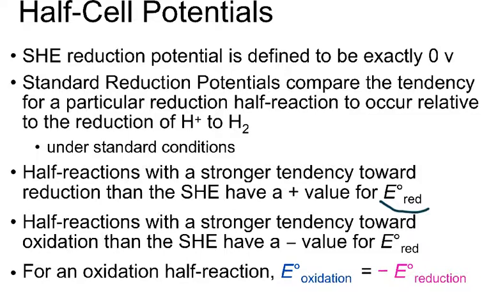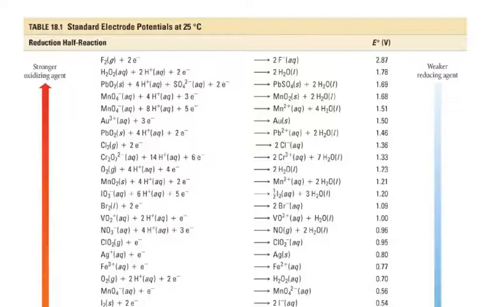Half reactions with a stronger tendency towards oxidation will have a negative value. And if you want to switch from an oxidation potential to a reduction potential, just change the sign. You're reversing the reaction, and you'll just change the sign on the potential.